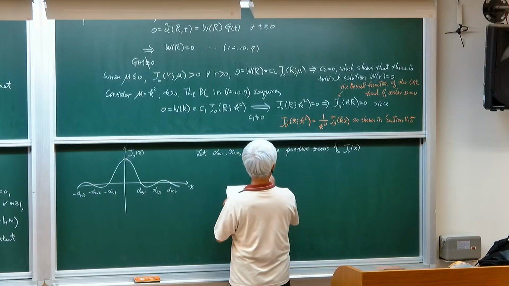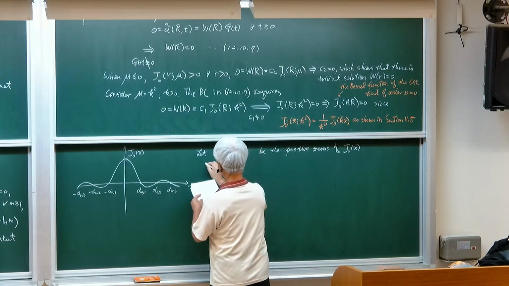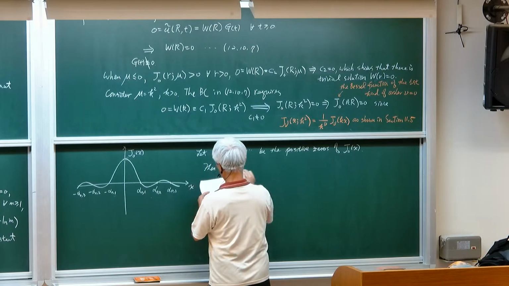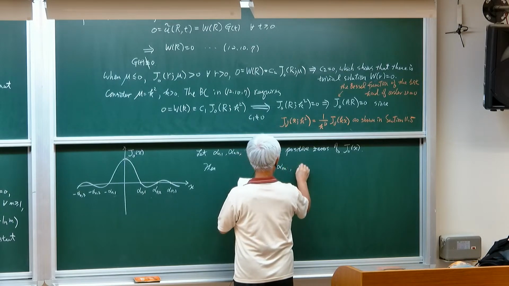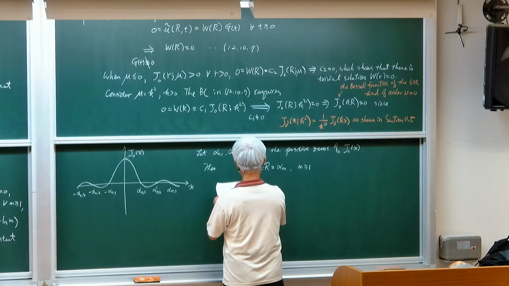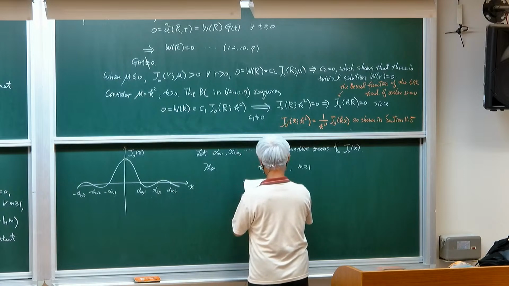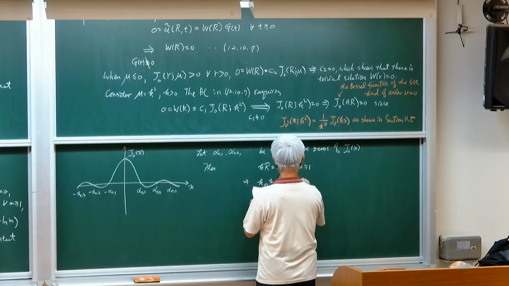And so then kR should be equal to alpha_0m for m equal to 1, 2, and so on, so that we have k_m defined by alpha_0m divided by R for m equal to 1, 2, and so on.